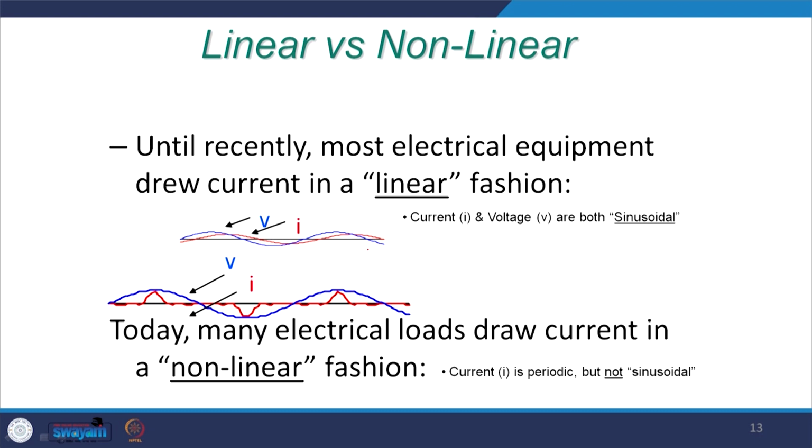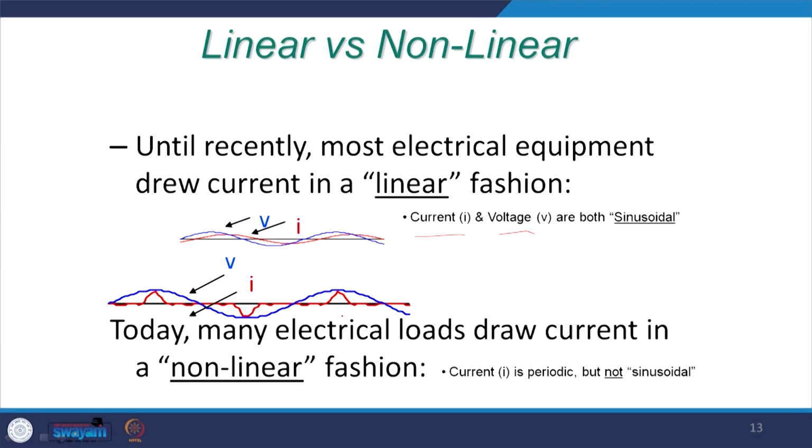This is a voltage and current, which may have a phase lag or phase lead depending on whether the current is inductive or capacitive. But current and voltage are both sinusoidal. Nowadays, because of nonlinear loads such as variable speed drives, voltage and current are far from sinusoidal, and the current is not sinusoidal.